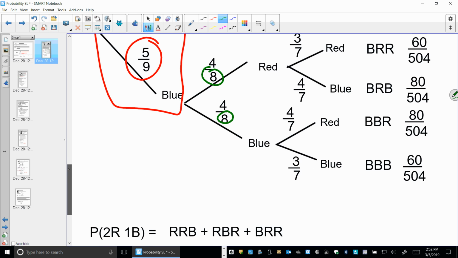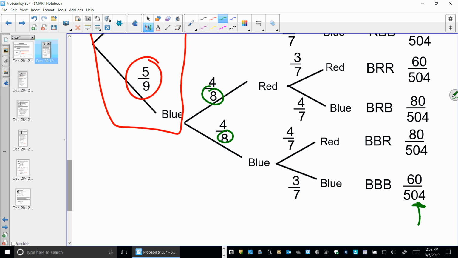These probabilities in this column here have to add to give 1. Okay? So if they add more than 1, you've made a mistake. They all have to equal the denominators? Yes. 504.